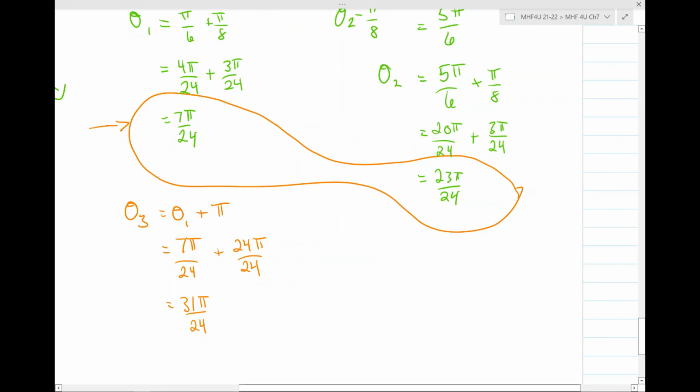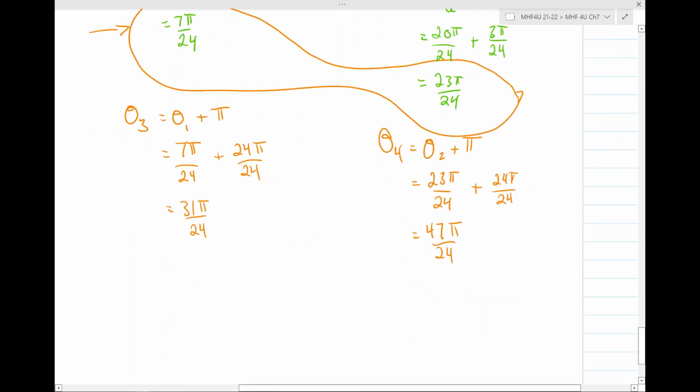Okay, let's check in on theta 4. Theta 4 is going to be equal to theta 2 plus a period. A period is pi, so that is 23 pi over 24 plus 24 pi over 24, and we're working with 47 pi over 24.